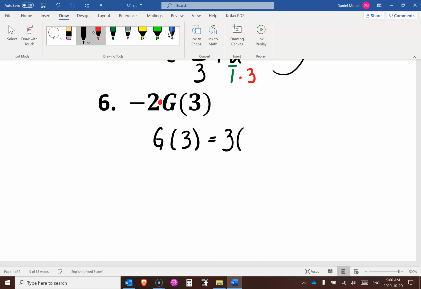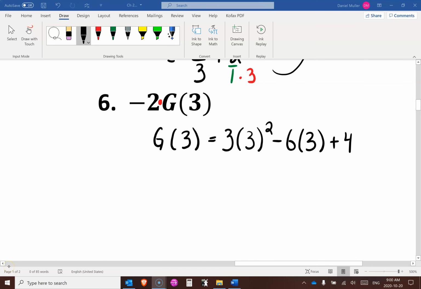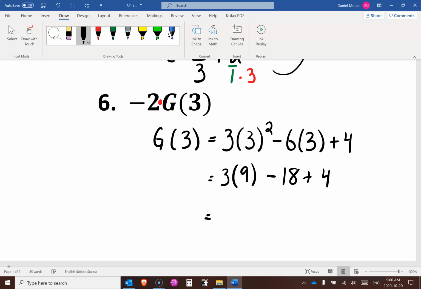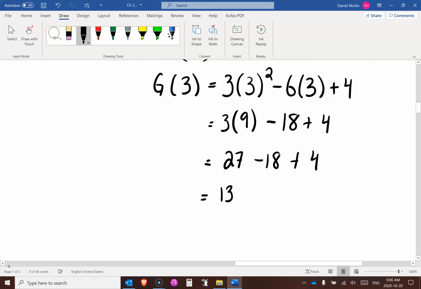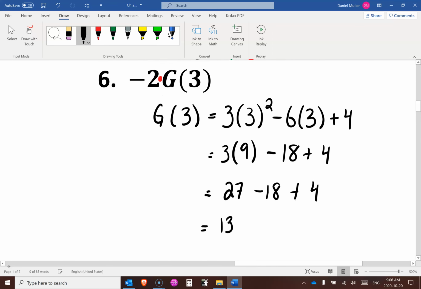So 3 times x, now the input is a 3, squared, minus 6 times x, and the input there is a 3, plus a 4. 3 squared is 9, minus 6 times 3 is 18, plus a 4. 3 times 9 is 27, minus 18 is 9, and 9 plus 4 is 13. Okay, so I have g of 3 is 13, but that's not what I'm asked. I'm asked for negative 2 times g of 3.